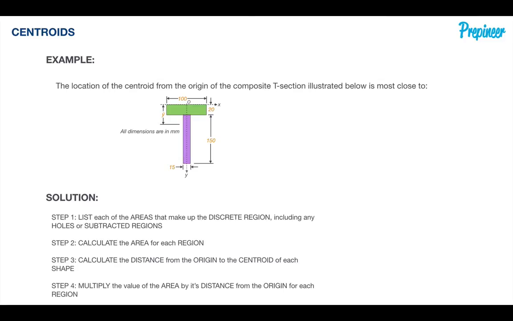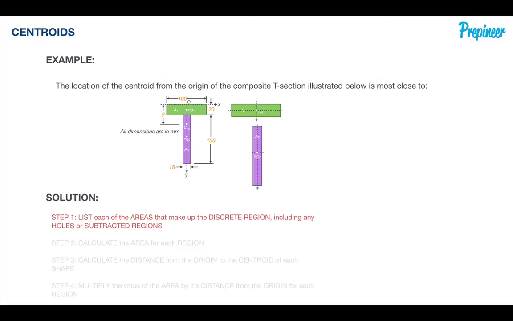Our first step is to list all of the areas that make up the discrete region. Now, for illustration purposes, what I did was I color-coded each shape. There are 2 that we will use in this problem. Each subregion has its own area. It has its own centroid, which when combined and taken into account, help us define the centroid of the composite structure, the object, or whatever you want to call this.